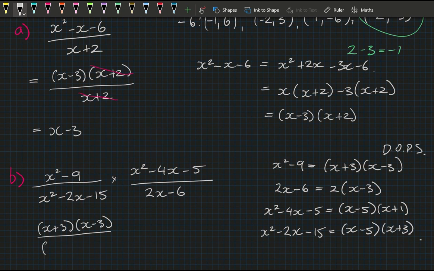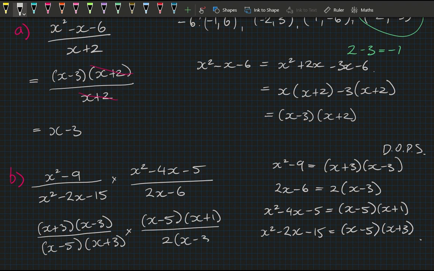And x minus 5 times x plus 3 in the place of x squared minus 2x minus 15. And x minus 5 times x plus 1 in the place of x squared minus 4x minus 5. And 2 times x minus 3 in the place of 2x minus 6.